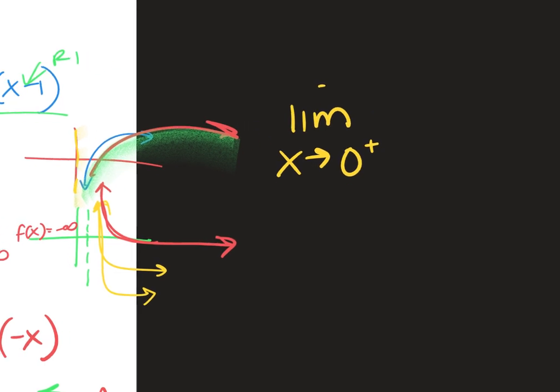Then what's happening to the y values is what I want to put next to it. Because it's going to negative infinity, my y values are going to negative infinity. Does that make sense? So you've got to know, one, what's the graph going to look like, and two, where's your vertical asymptote. Once you have those two things, you should be able to figure them out.